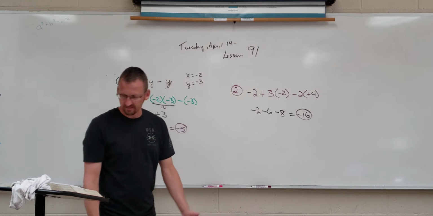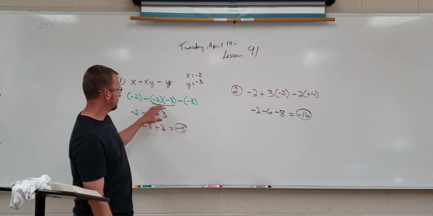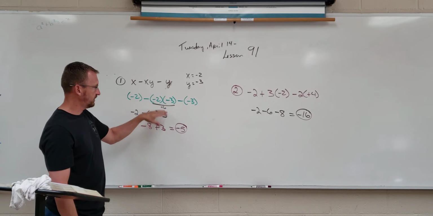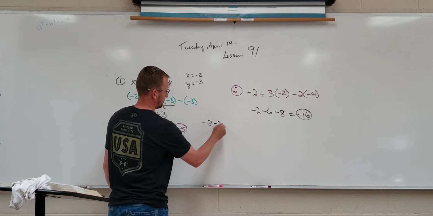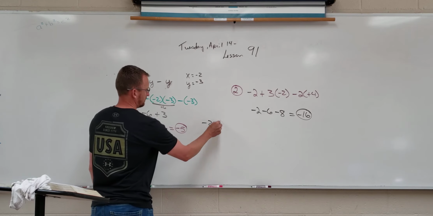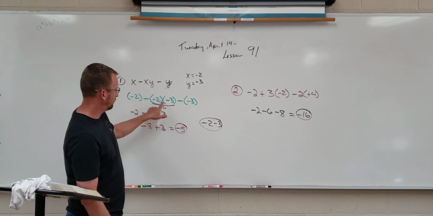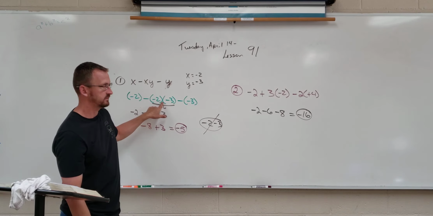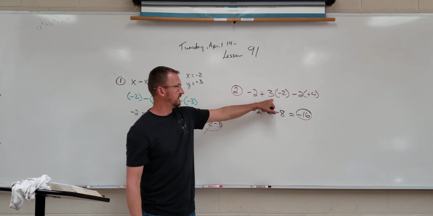So the biggest thing for lesson 91 is making sure when we're substituting in, put them in parentheses so that you don't end up with something like this, where we would be tempted to simply add rather than multiply. So don't do that. And then here, make sure we're multiplying.